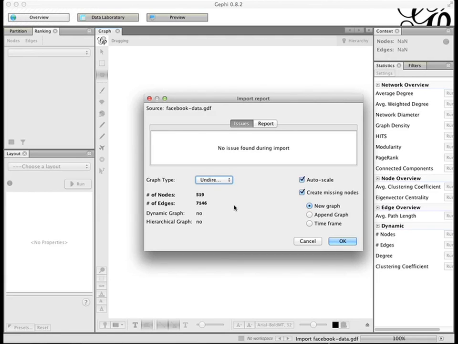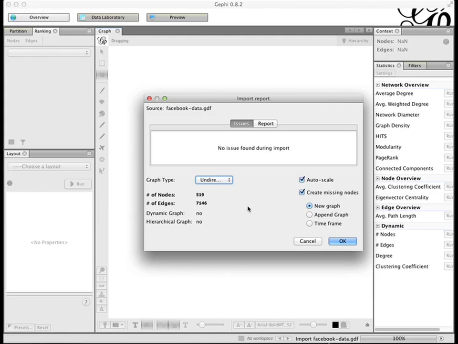That is, it's impossible for one person to be a friend of another person without that other person also being the friend of the first person. Ties go both ways. Twitter is a good example of a directed network, right? You can follow someone and they don't necessarily follow you. This is undirected. If you are friends with someone, they are automatically friends with you.